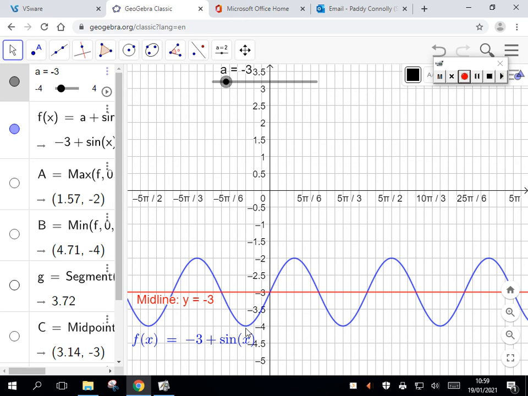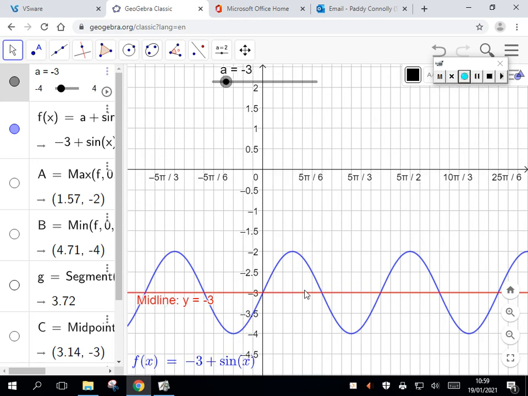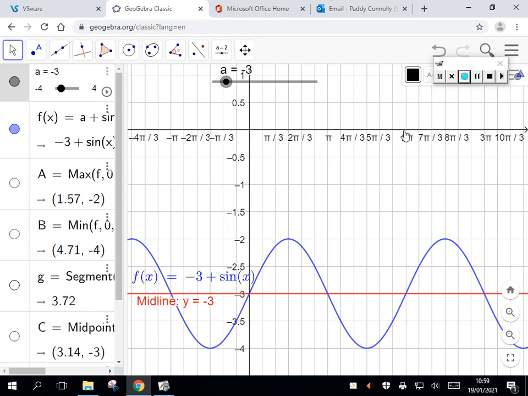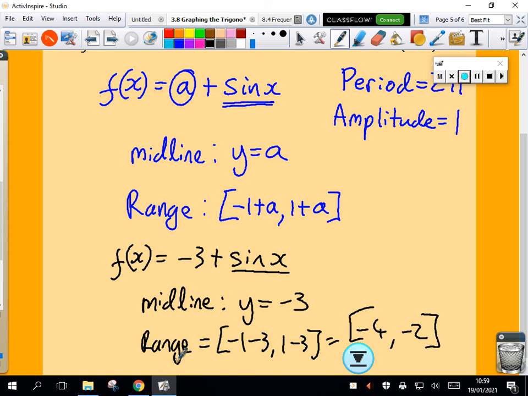You can see the range here going from -4 up to -2. Period still starts here and still finishes at 2 pi. There we are, 2 pi. So get used to that, learn all those things off. In our next class, we'll look at combining all those different translations. But get familiar with them now.